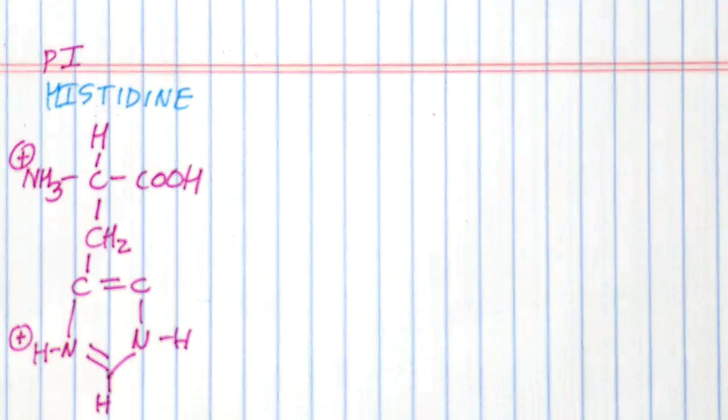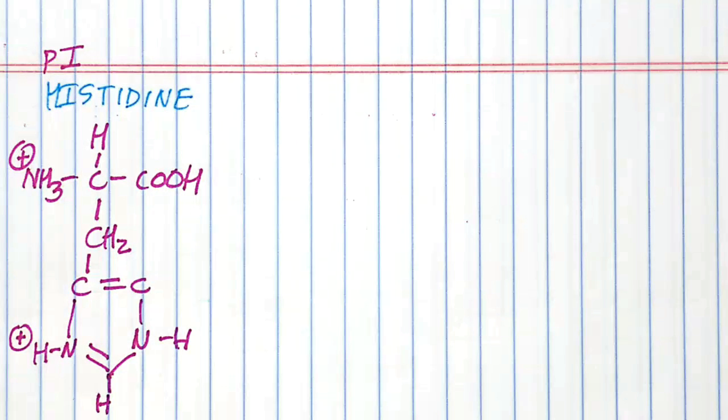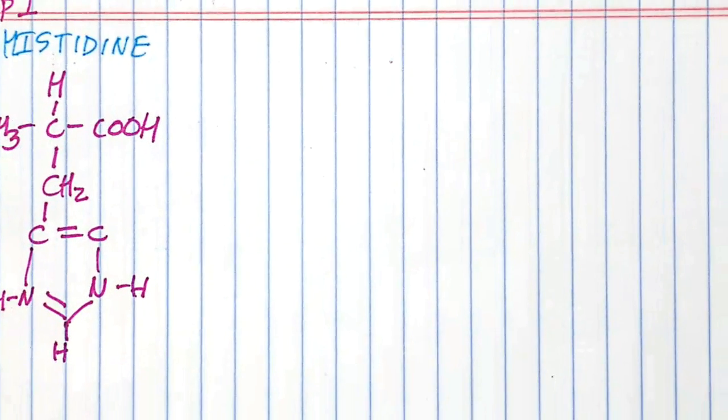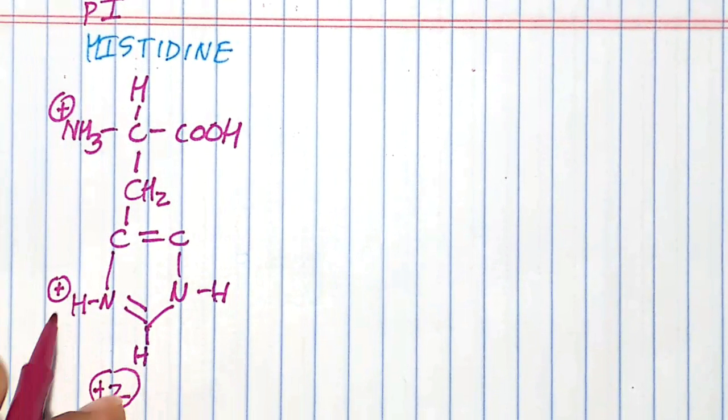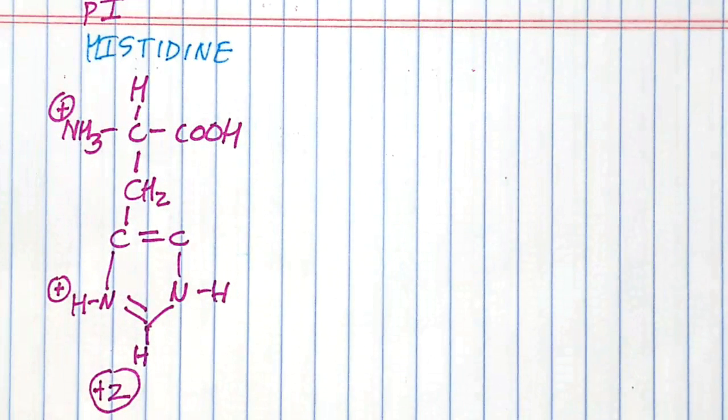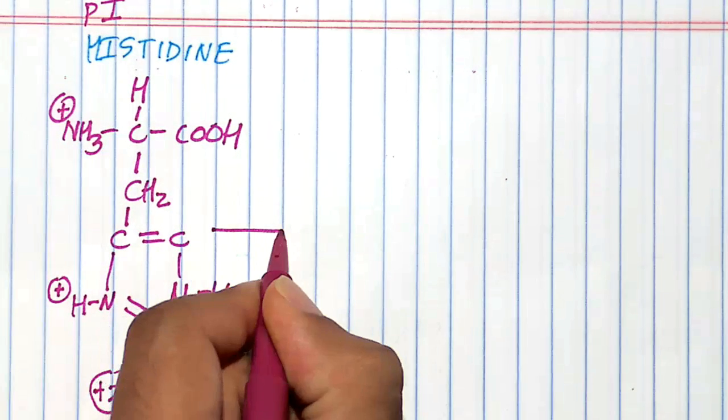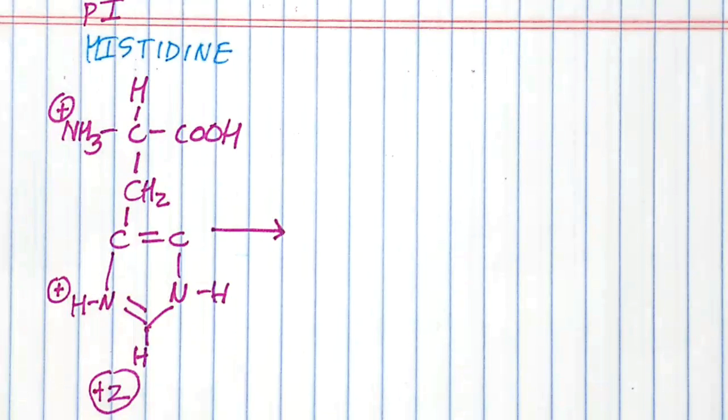So this is the amino acid histidine. What is the net charge of histidine here? It's +2. Okay, +2, +1 here, +1 here. So for pKa values, consult your flashcards. pKa values do not get memorized.